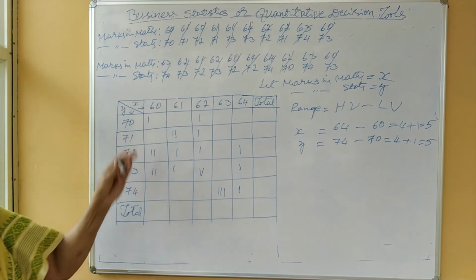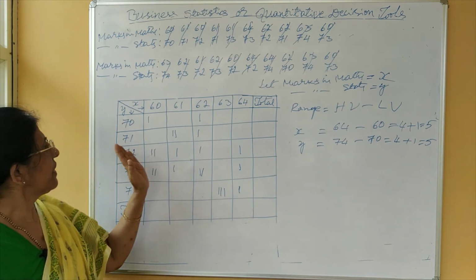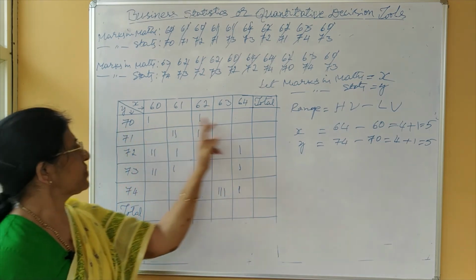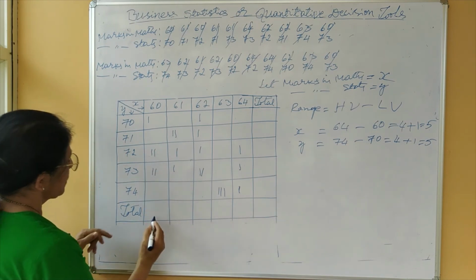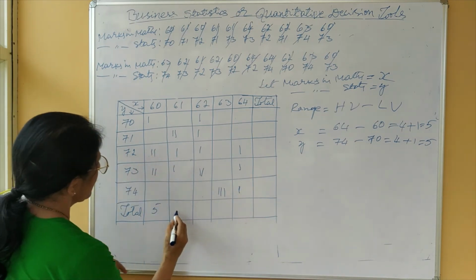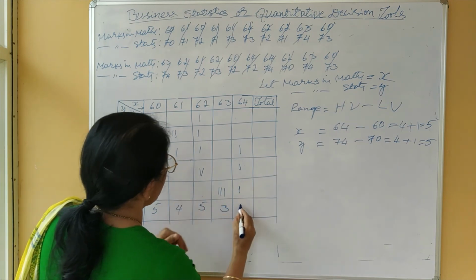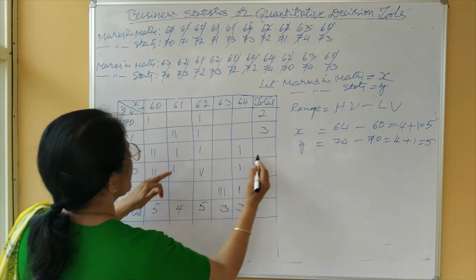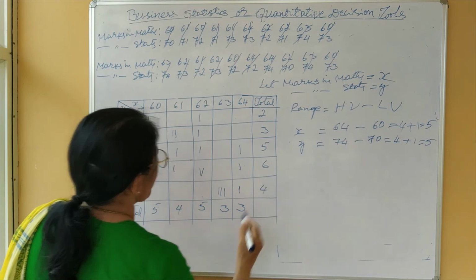Now, we have marked all the values of the variables. Now, here you have to take column totals in the last row and row totals in the last column. Okay, now the totals are 5, 4, 5, 3, 3, and here 2, 3, 5, 6, 4.